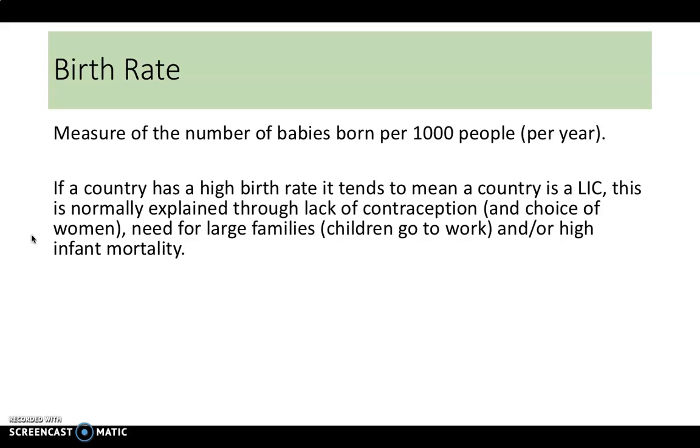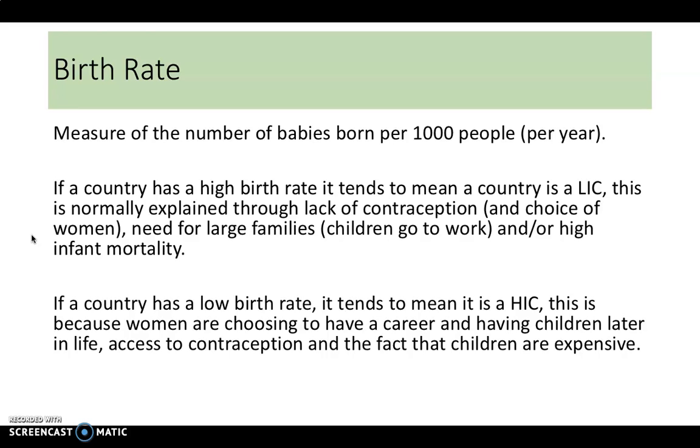It could be the case that there is a need for large families. So a family needs children to either work at home or they need to send them out to work to bring in an extra income for the family. Or it could also be related to high levels of infant mortality. Infant mortality is children dying before they reach over the age of 5.